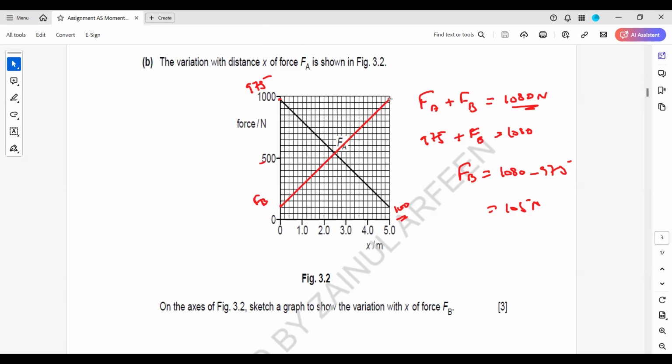If the value of FA increases, the value of FB will decrease, and if the value of FA decreases, the value of FB will increase. But the total sum will remain the same. Is this clear, how we sketch the graph? Anyone having a doubt or a question related to this part?